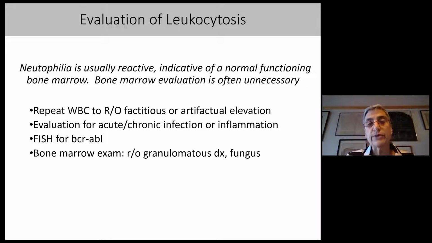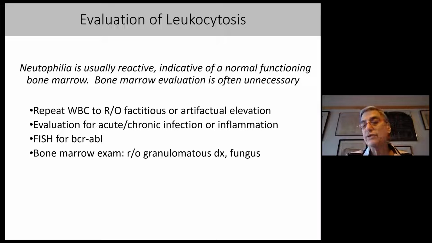It's important to remember that neutrophilia is usually reactive, indicative of a normal functioning bone marrow, and therefore you don't very often need to do a bone marrow. The most important thing is to repeat the white count, since a transient elevation in the white count or an artificial elevation is possible, in which case you don't want to go chasing an otherwise normal result. But then the patient should be evaluated carefully for acute or chronic infection or inflammation.